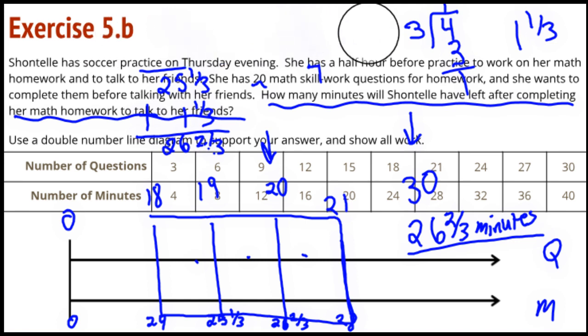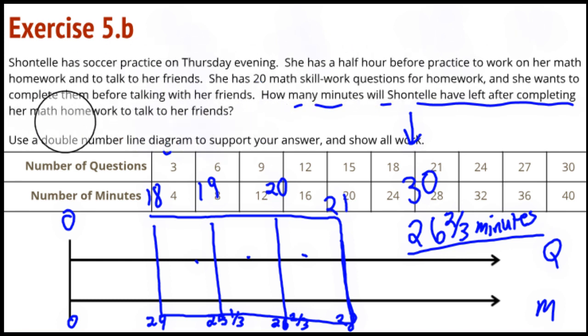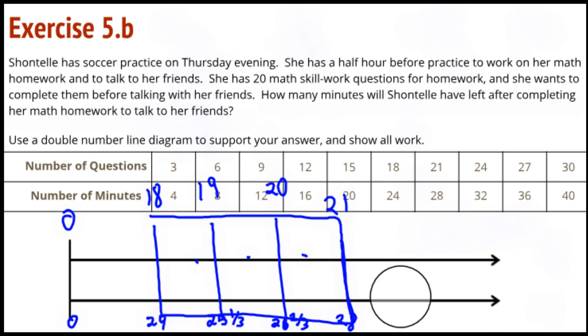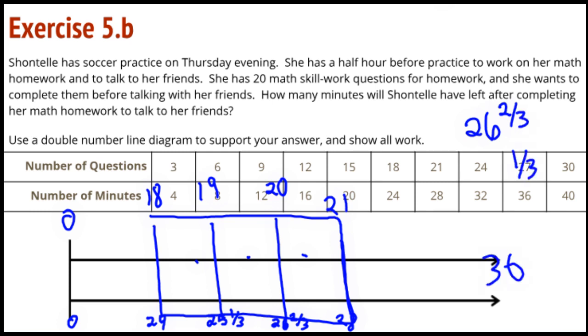Let me do some erasing here. So I'm going to count up. I'm starting at 26 2/3, and I want to end at 30. So I'm going to add a third, and now I'm at 27, 28, 29, and that gets me to 30.